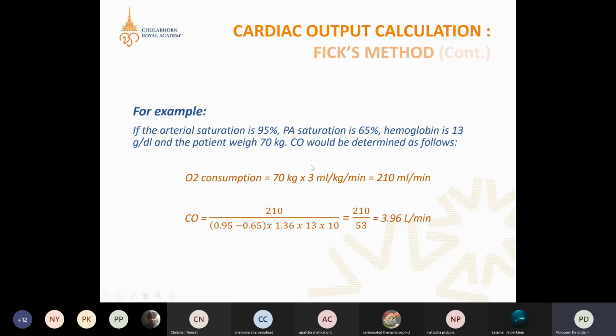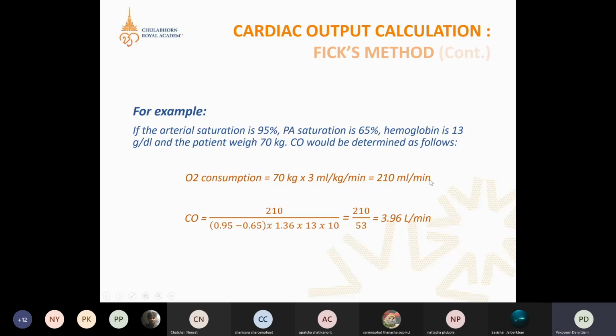We got the patient's weight from the information, 70 kilograms. So we multiply the constant 3 by 70, and you will get the oxygen consumption as 210 milliliters per minute.